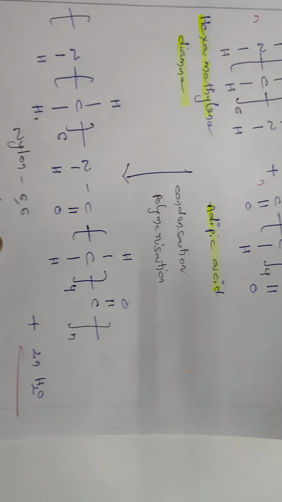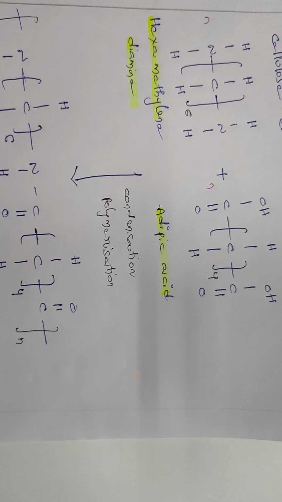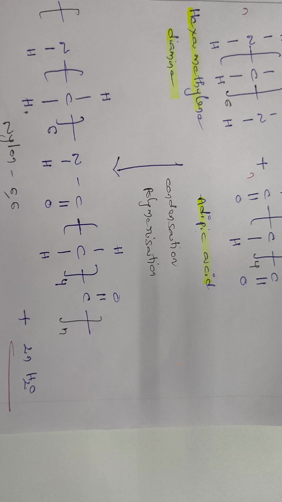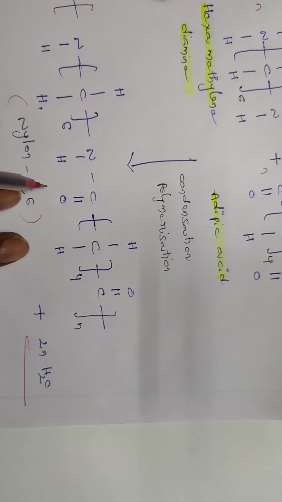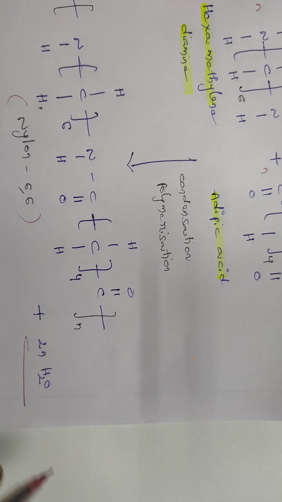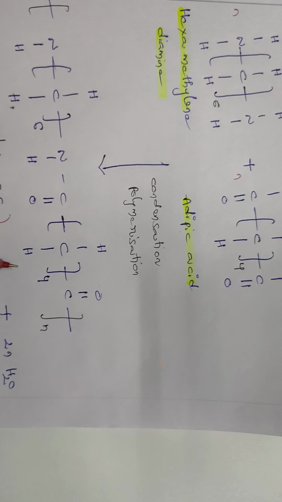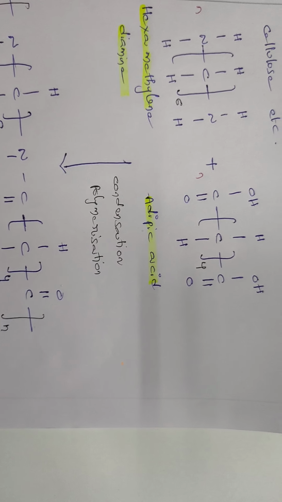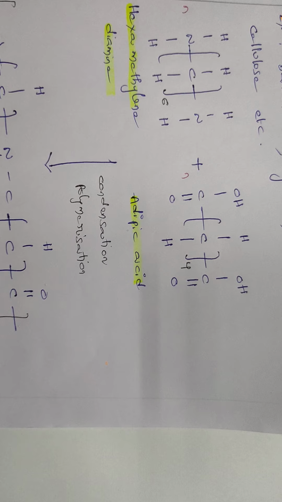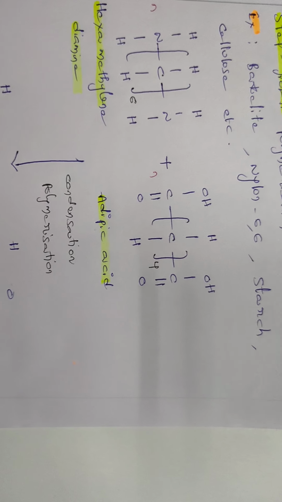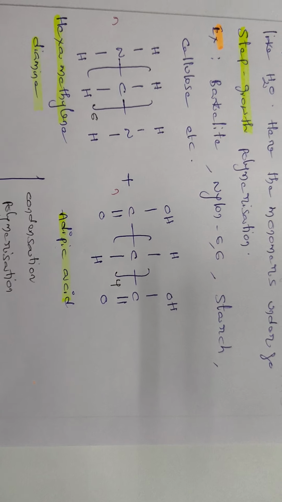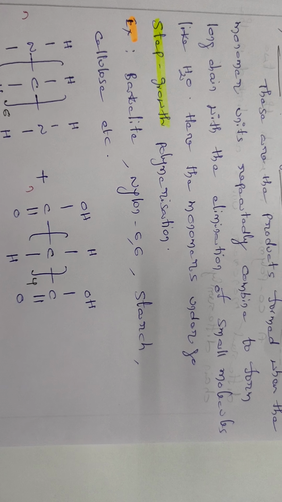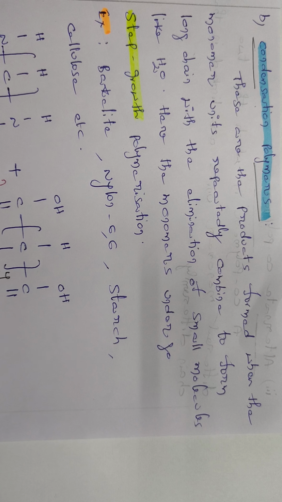Okay, it is an example of a condensation polymer, because here the product formed is nylon 6,6 with elimination of some small byproduct molecules. So condensation polymer is formed by the combination of 2 or more different monomeric units with elimination of some small byproduct molecules. Okay, so it is condensation polymer or condensation polymerization.